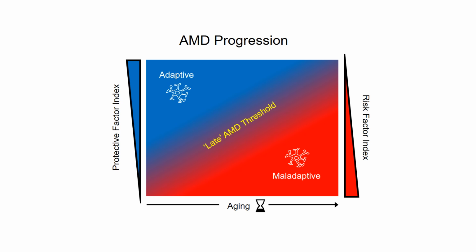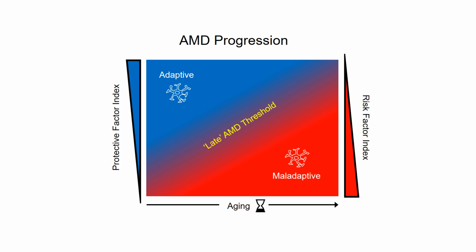So what you can see is that an individual with a high protective factor index can remain free of late AMD progression for the totality of their life, whereas an individual with a high risk factor index may succumb to late stage AMD quite early on in life.